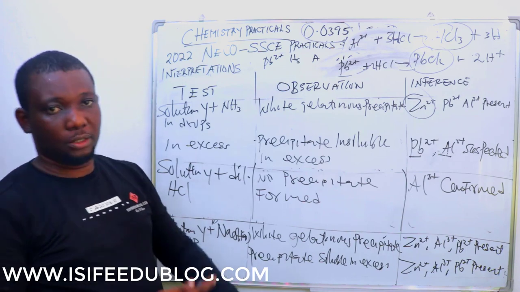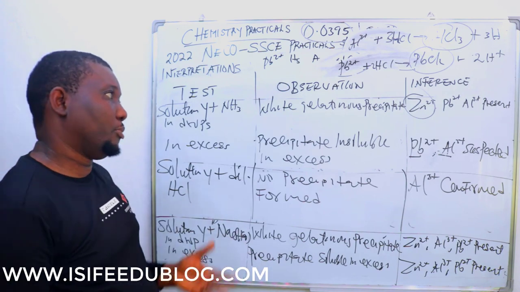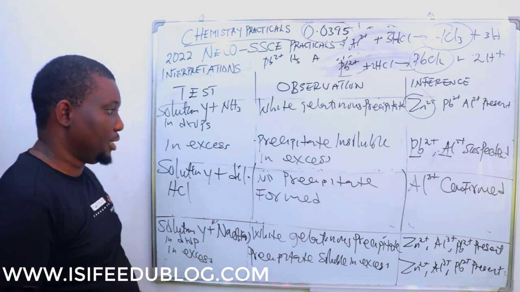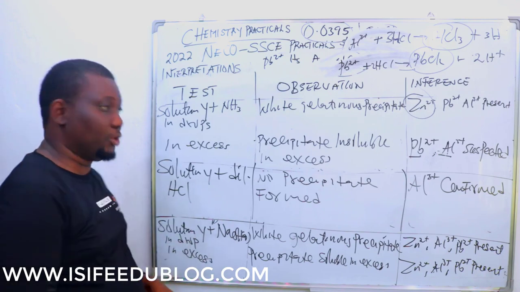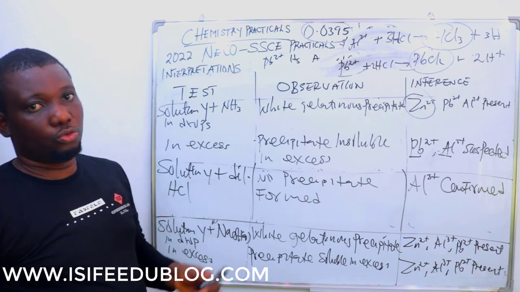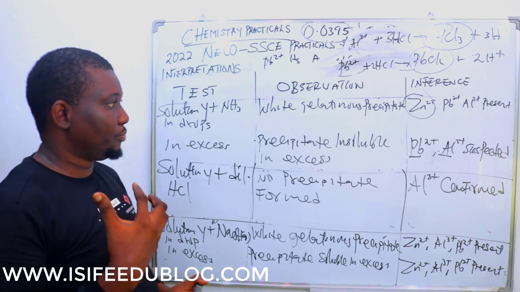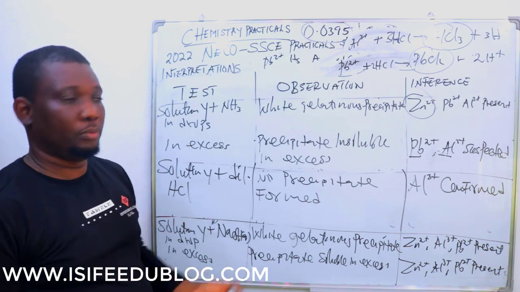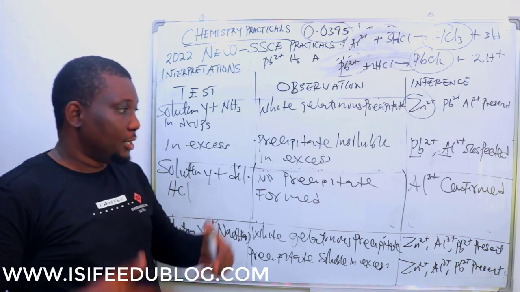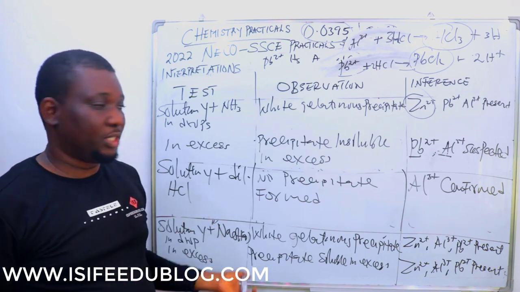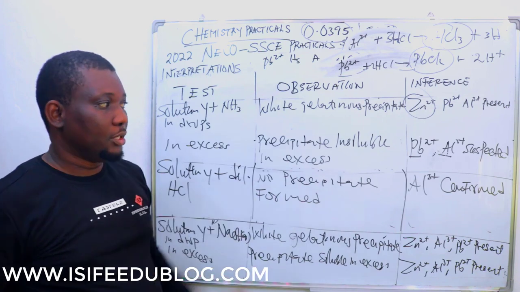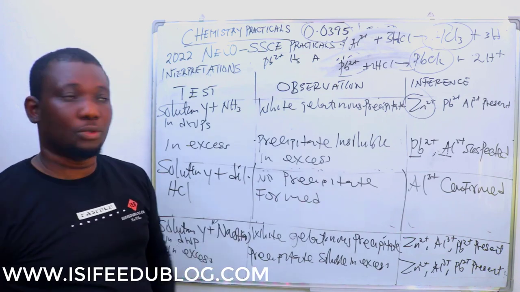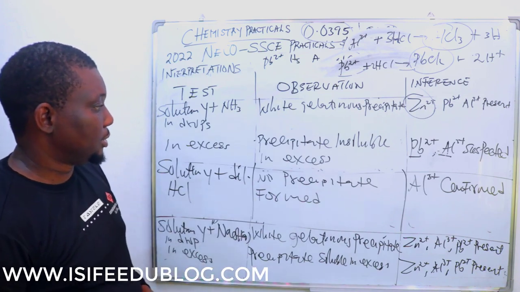But there's not going to be much heat on this issue. Even if you heat, there will still be no visible change, no precipitate. That should tell you that aluminium is what is confirmed.